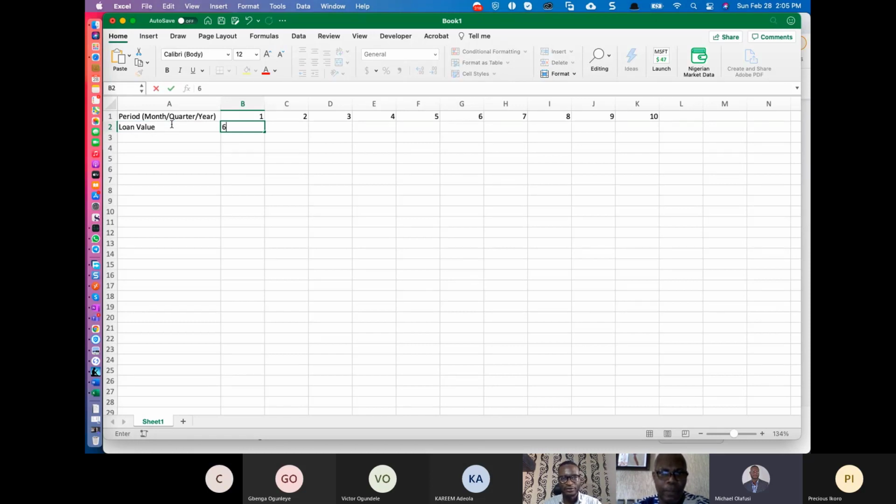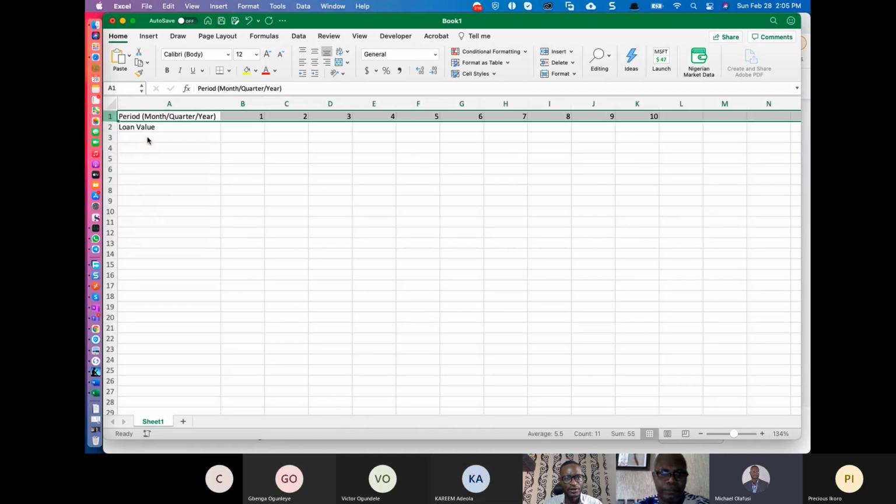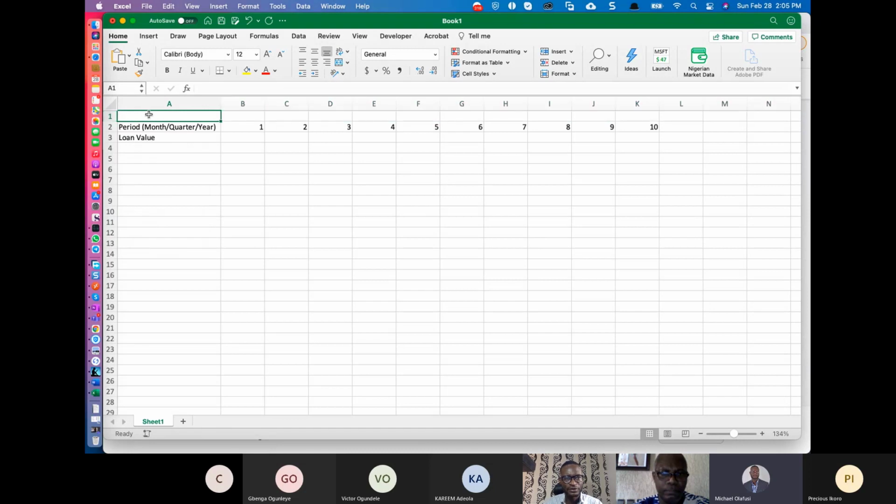So I'm going to do something to make it easy for us to write those large figures without having to write them actually. So I will say values are in thousands. Okay, so let me make that in italics. Okay, great.